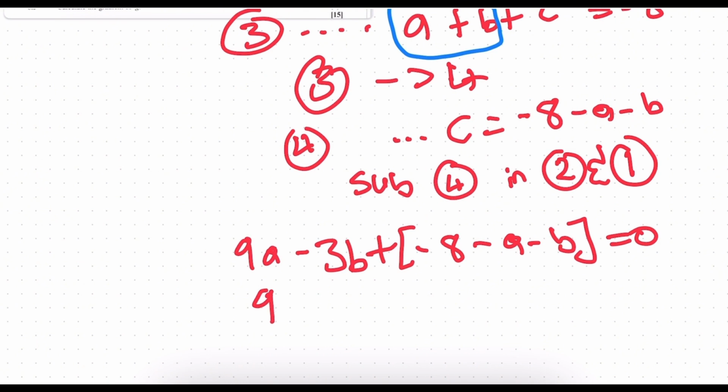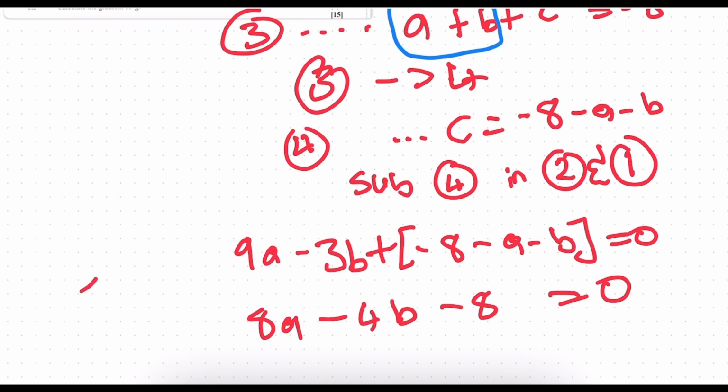Simplify this. 9A minus A is literally going to be your 8A, minus 3B minus B, that's minus 4B, minus 8 equals 0. That's you substituting equation 4 in 1.